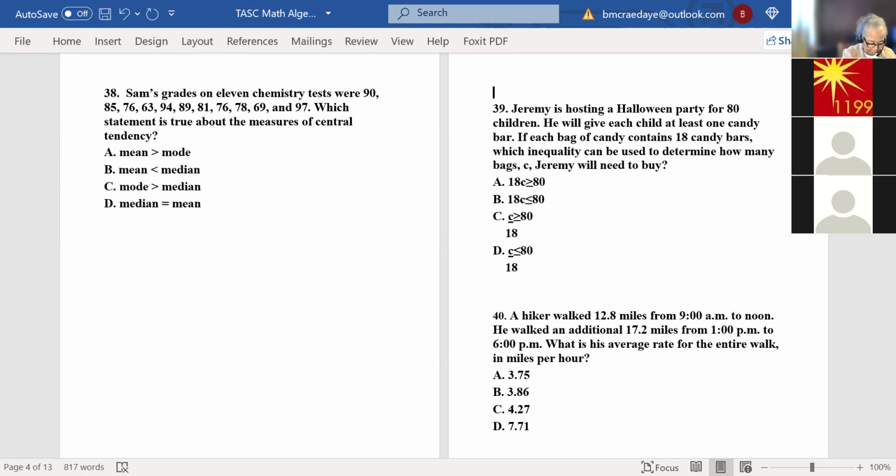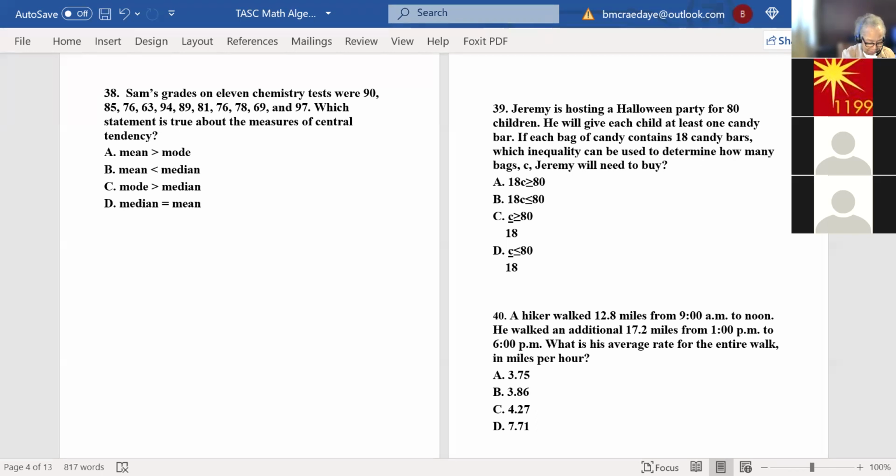Okay. How many numbers are there? How many numbers? 11, 11.